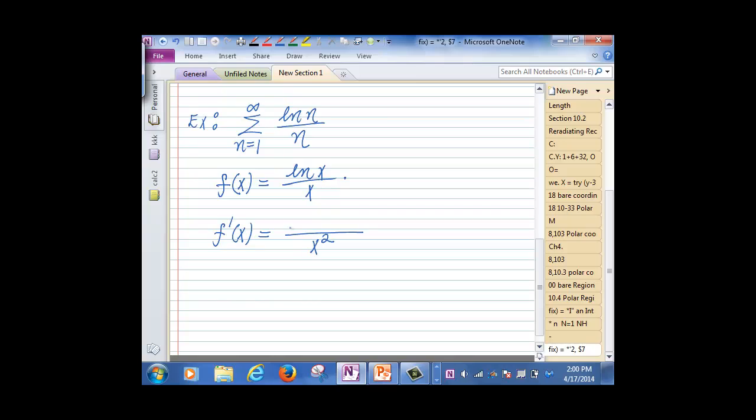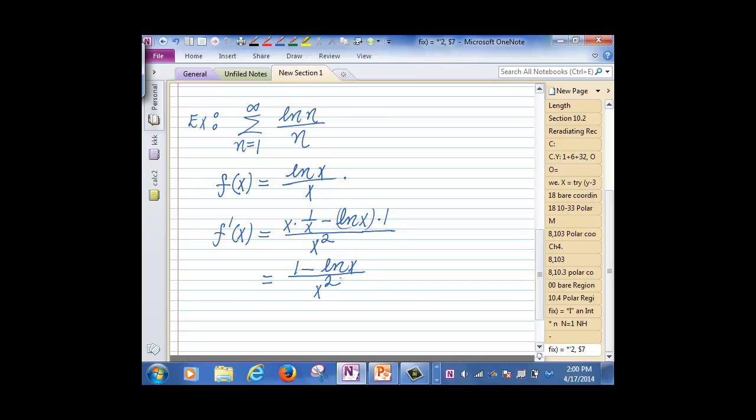High D low, D high low, what is that? Okay, so x times 1 over x minus ln of x times the derivative of the denominator, which is 1, right? And so what is that equal to? 1 minus ln of x divided by x squared.